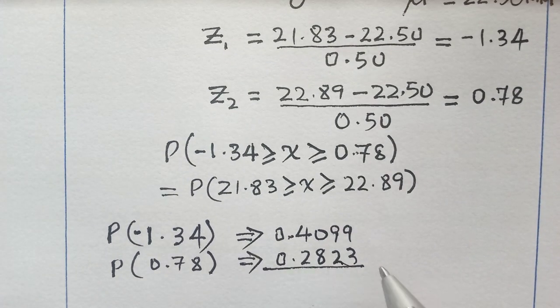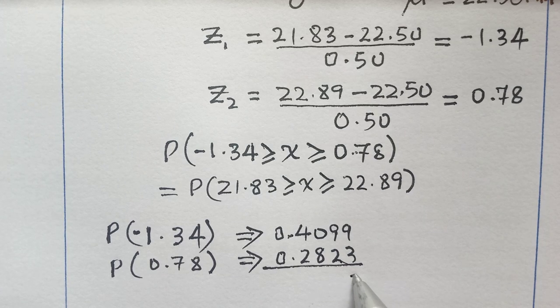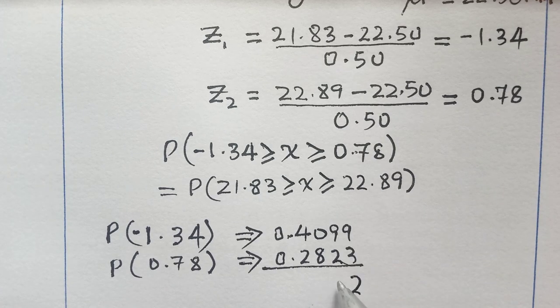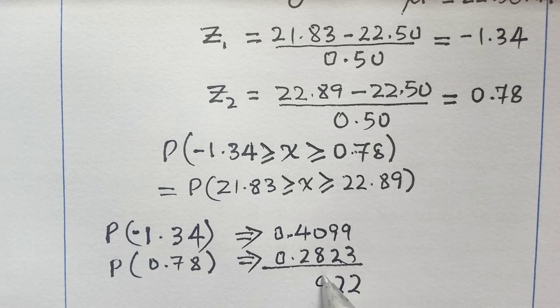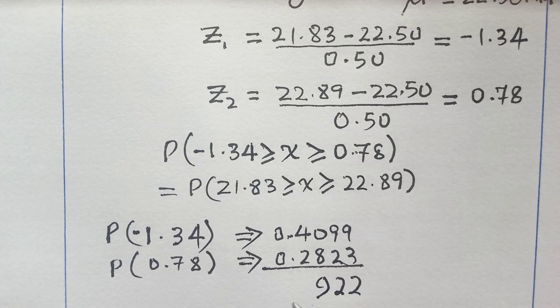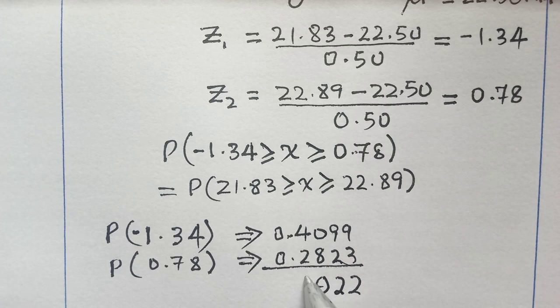Now you can add. This will be 2, and this one is going to be 2 again. This one is going to be 9, and then we have 6 here.